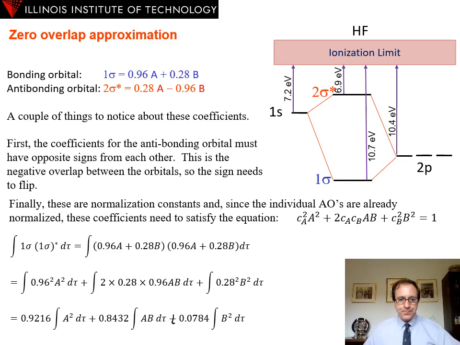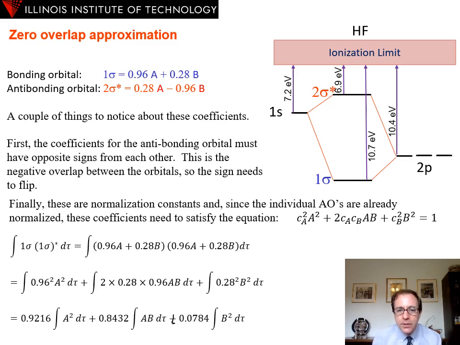So there are our coefficients. 0.96 squared is 0.9216, and then it's a squared d tau. The multiple of that coefficient inside there is 0.8432. Again, it's not going to matter because the overlap integral is going to go to 0.